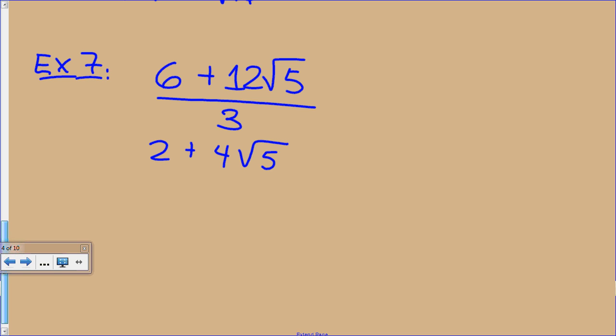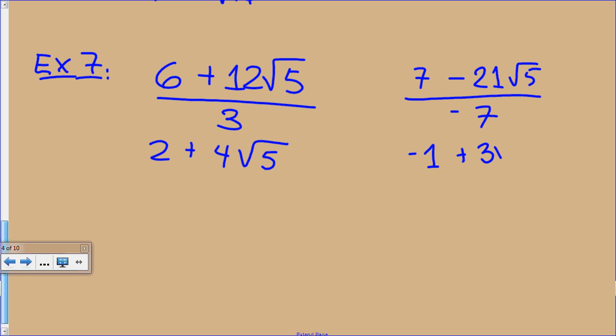What if I had 7 minus 21 root 5 all over negative 7? Well done. Just make sure if you start with 2 things in the top, you must end with 2 things in the bottom.